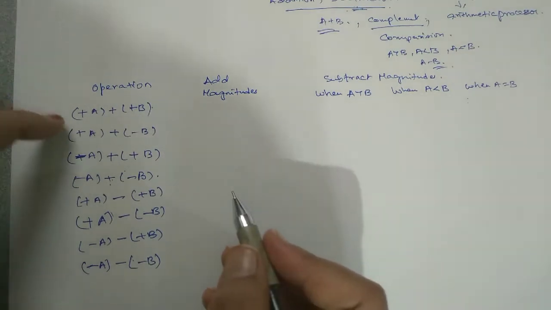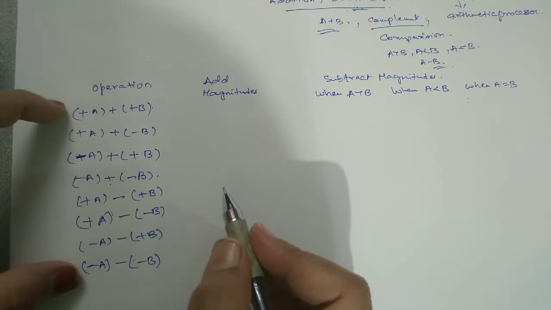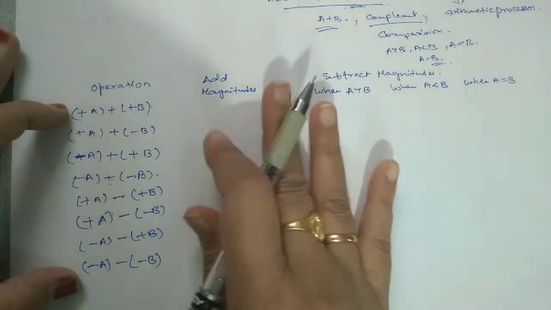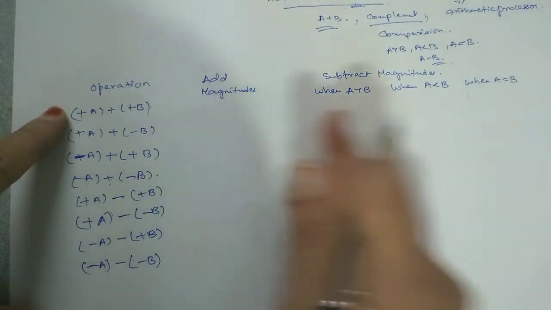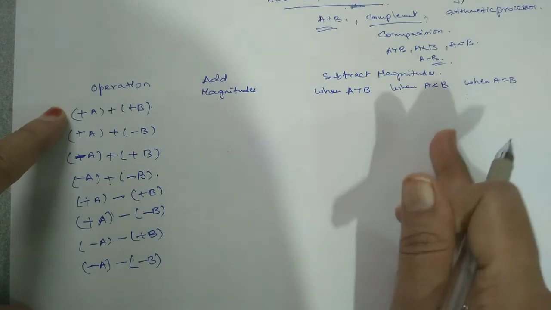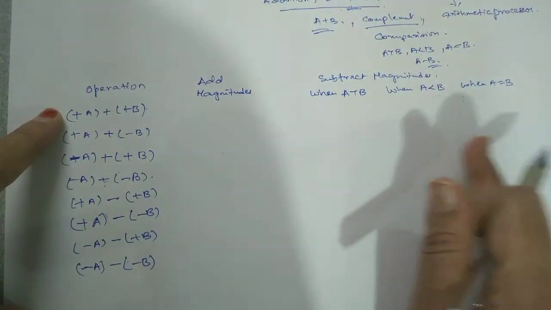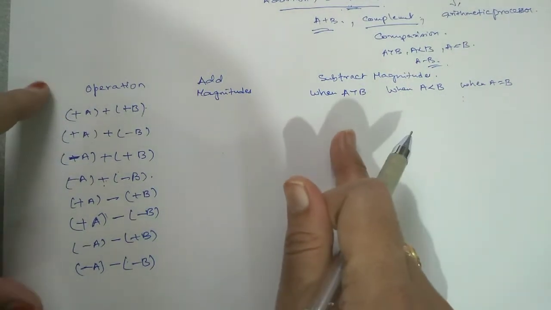So these are the 8 different combinations. Now we are going to fill this: what are the operations which are performed, whether we are going to perform the add or subtract. Whenever a subtract operation is there, at which condition, what are the operations and what is the sign.